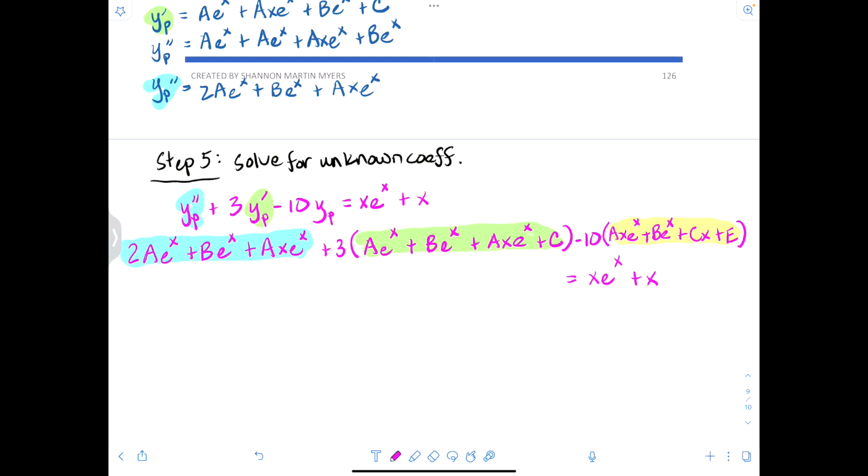We want to work these things out, so we have 2a e to the x plus b e to the x plus a x e to the x plus 3a e to the x plus 3b e to the x plus 3a x e to the x plus 3c. And then I need to move this down. Sorry.